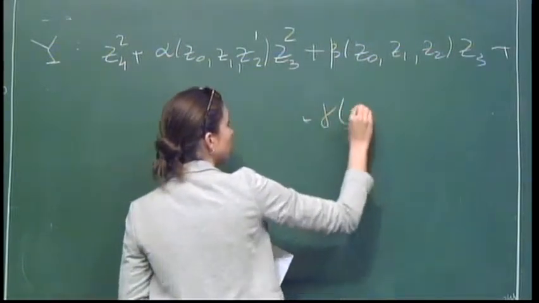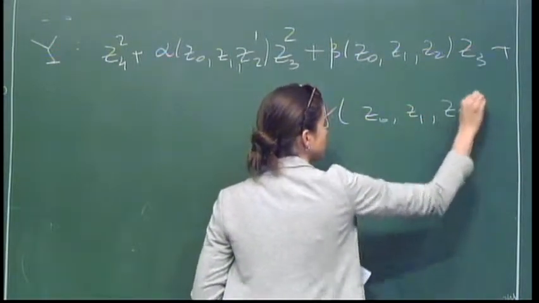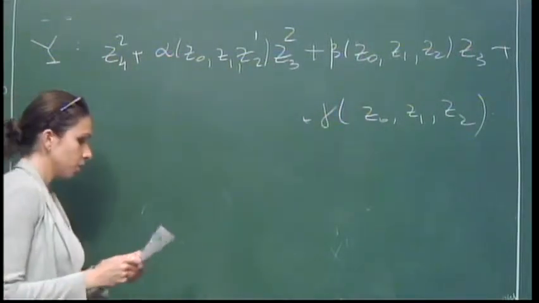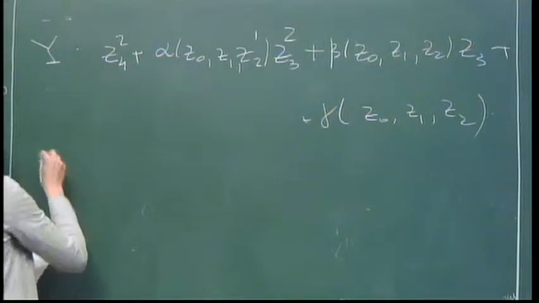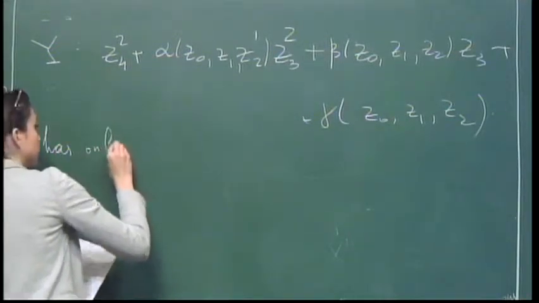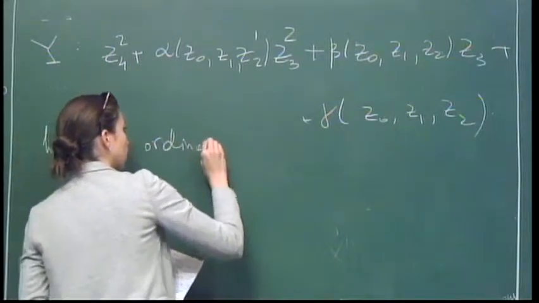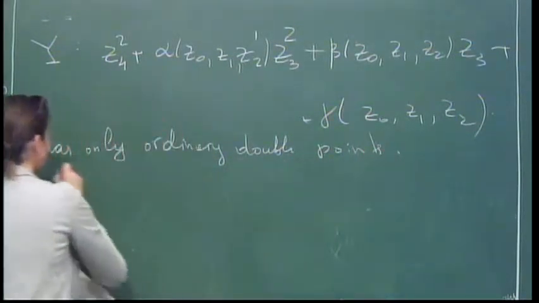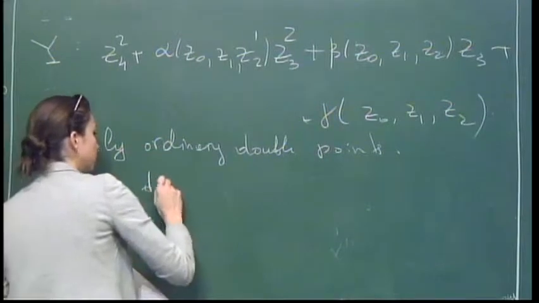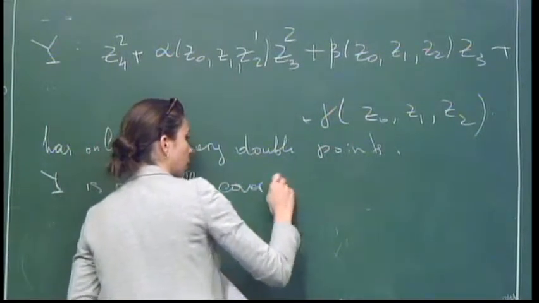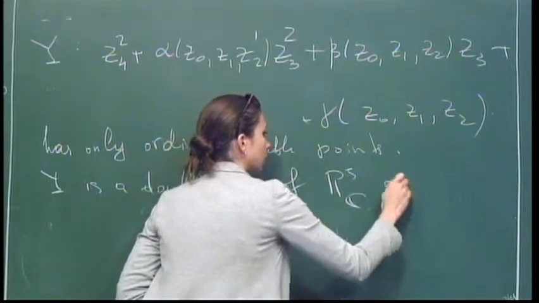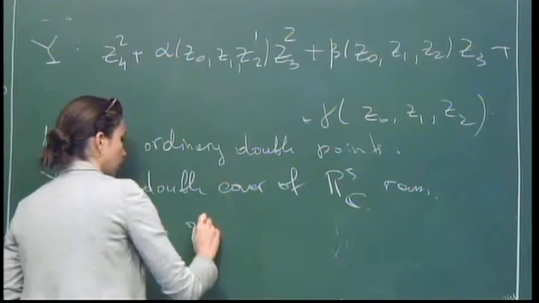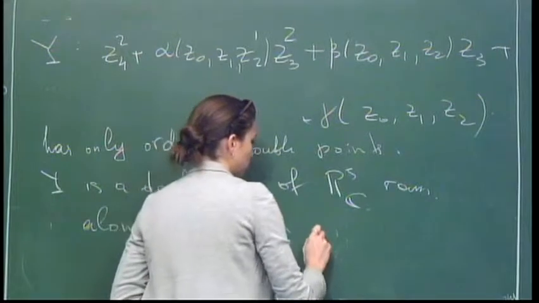Here we have a quartic equation on the right, and then a double cover. This Y is not smooth, but it has only ordinary double points. So we say that Y is a double cover of P3 ramified along a quartic with 10 nodes. This 10 turns out to be important.